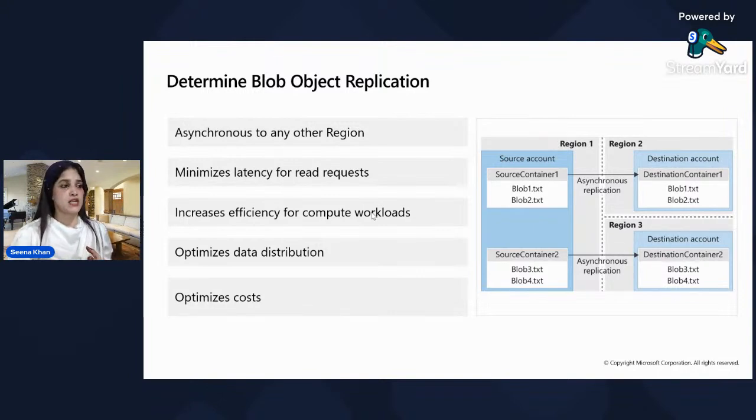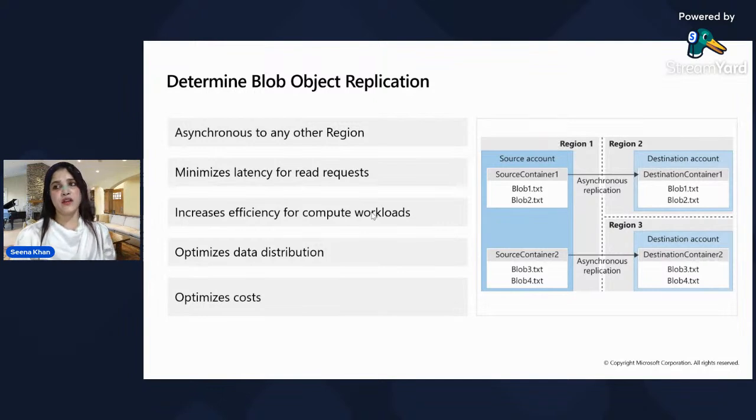Object replication is supported when the source and the destination accounts are in the hot or the cool tier. When you configure object replication, you create a replication policy that specifies the source Azure storage account and the destination storage account as well. These are the points you need to consider when configuring blob object replication.